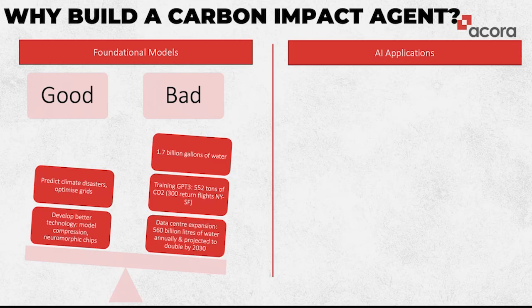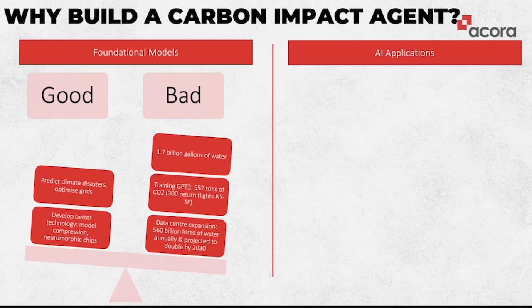Some of the models have been associated with using 1.7 billion gallons of water. GPT-3 took 552 tons of CO2, although I have been informed that was actually trained on the Microsoft estate. So given that's renewable, it's probably not equivalent to the 300 return flights from New York to San Francisco.